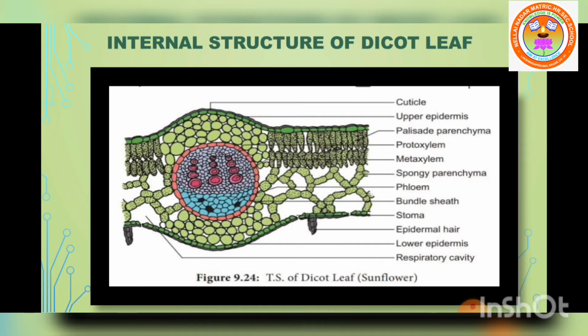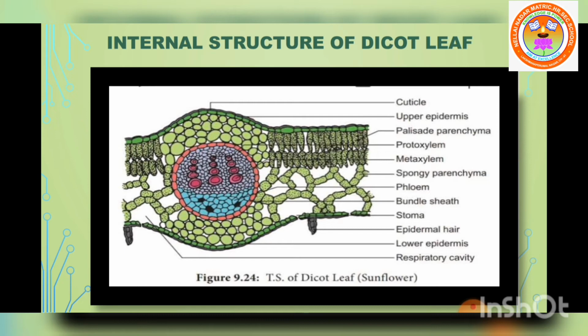So what are all the differences between palisade and spongy parenchyma cells? Palisade parenchyma cells are seen beneath the upper epidermis, but spongy parenchyma lies below the palisade parenchyma. Palisade parenchyma consists of vertically elongated cylindrical cells in one or more layers. Spongy cells are irregularly shaped. Palisade parenchyma cells are compactly arranged without intercellular space. Spongy parenchyma cells are very loosely arranged with numerous air spaces.